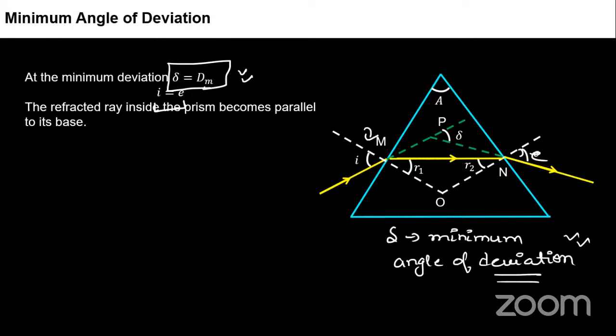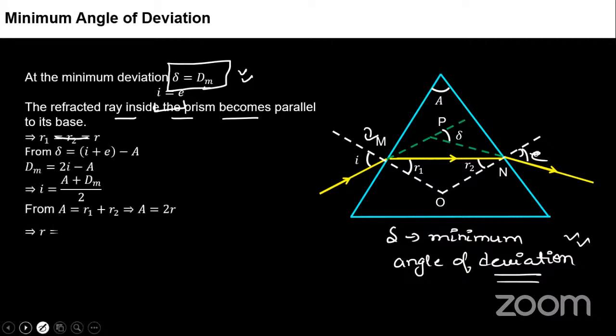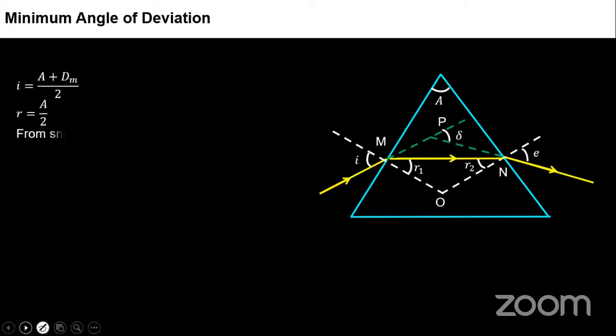We know that a refracted ray inside the prism becomes parallel to its base here. Applying all this, ultimately, if I solve it fast, you'll see it on the PDF.